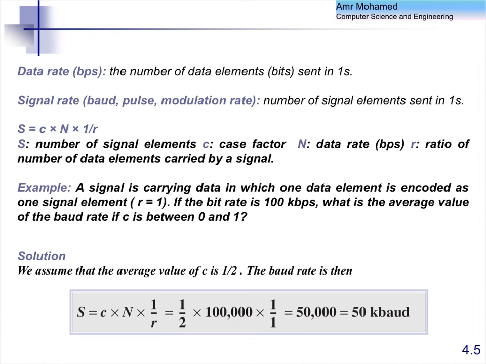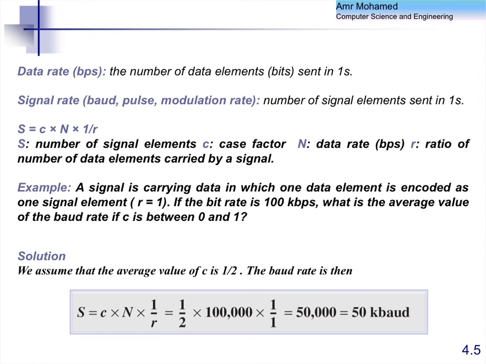Because when you have a specific scheme, there is a worst case and there is a best case scenario. So the worst case scenario, for example, is when you have many changes in the generated signal. The best case scenario, or maybe you can reverse them, the best case scenario is when you have straight zeros and you represent that with a constant signal.